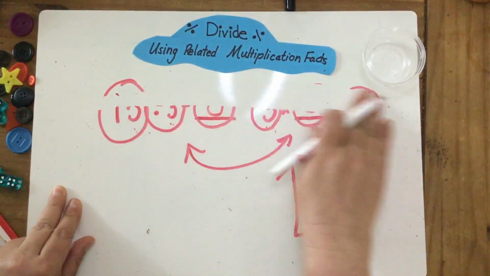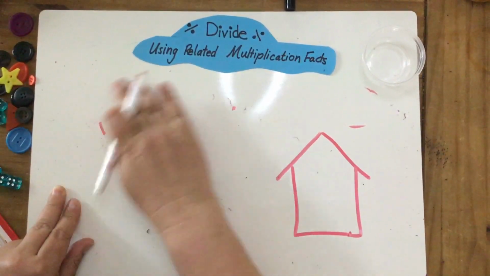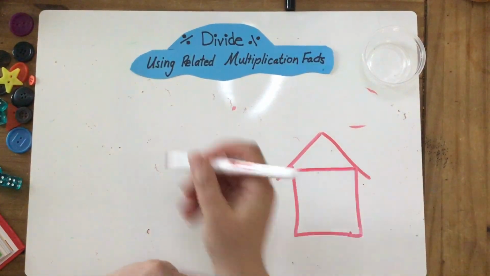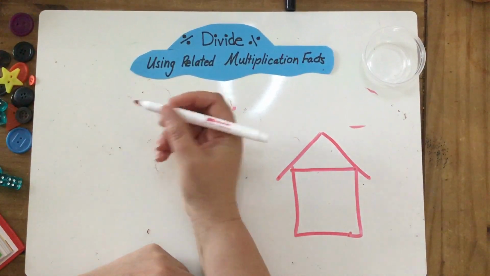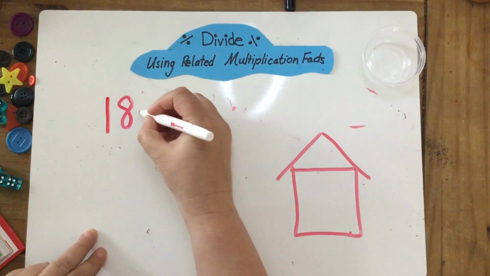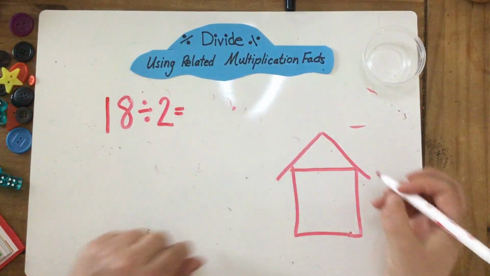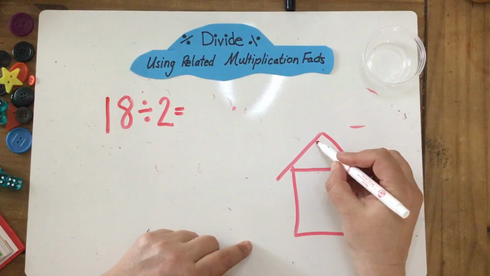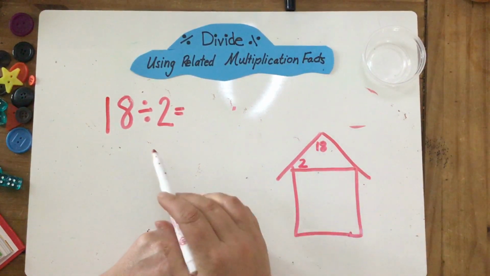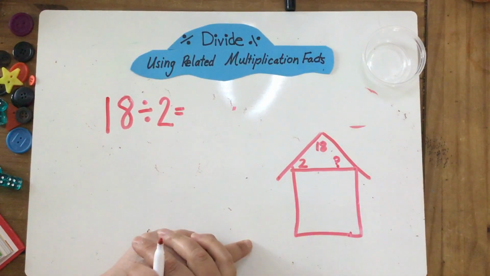So let's do another one. And we talk about related facts, and you think about your relatives. So let's think of another one. Let's do 18 divided by 2 equals what? So 18 is our whole. 2 would be the groups of, and we're trying to figure out how many are in a group.